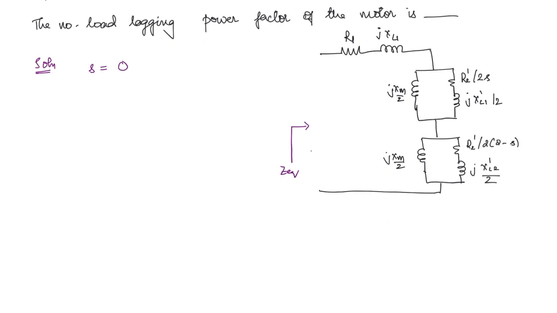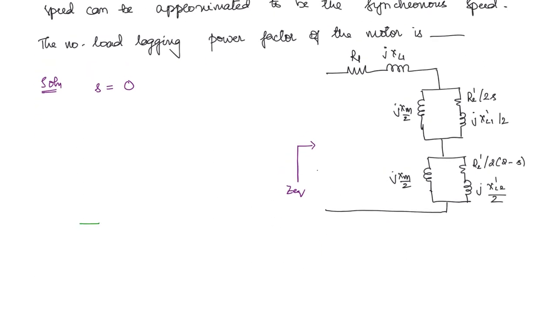So when S is equal to 0, what will be the circuit? You can redraw the equivalent circuit. This is R1. Here we have jXL1. Now since the slip is 0, what will happen to R2 dash by 2S? This will become infinite. Infinite resistance means you can consider this as open circuit. So you are going to be only left out with jXM by 2.